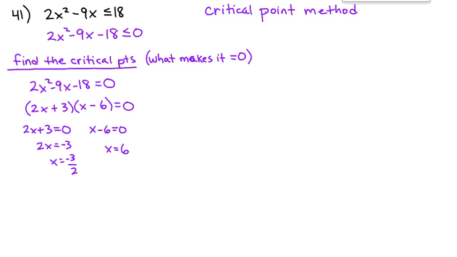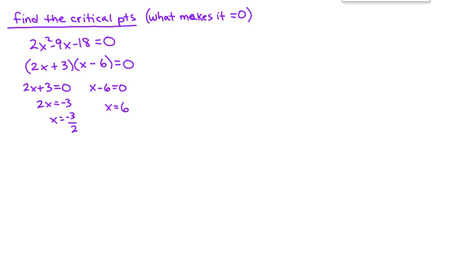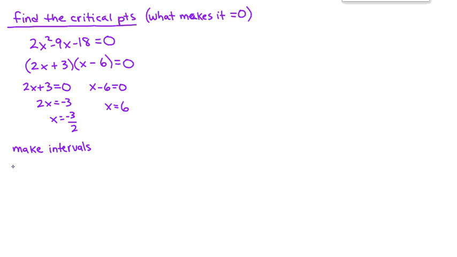So what do we do with those? The next step is to use the critical points to divide the number line into intervals. These critical points are the numbers that make the expression equal to 0. We want to know what makes the expression greater than 0 and what makes the expression less than 0. So these are the dividing numbers. And if you like, you can actually draw a number line to help you visualize what's going on, going from negative infinity to positive infinity.